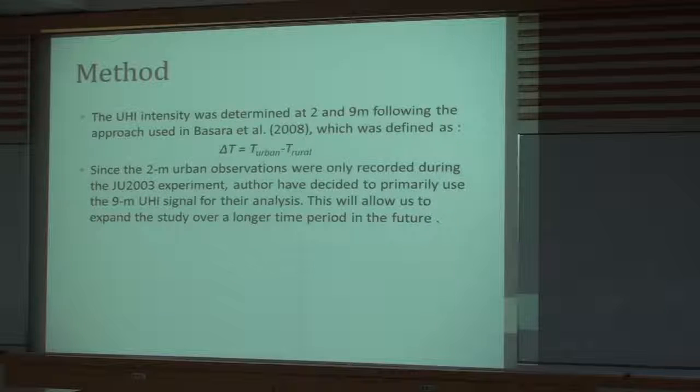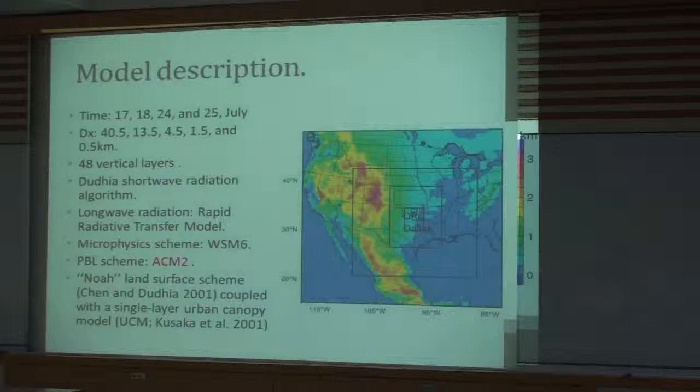And all the details of the schemes are listed here. What's special here is that they use the ACM2 to simulate this case. Previous studies all used the Johnson University scheme, but here the author chose the ACM2 for several reasons.